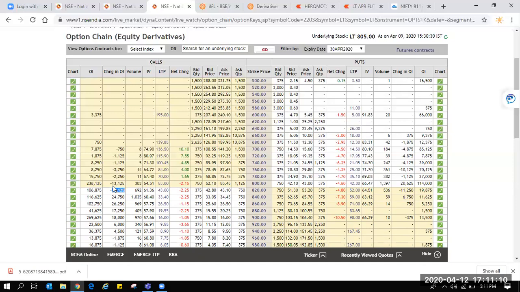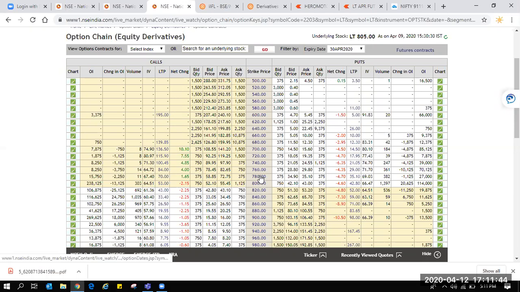And adding to the same thing, if we see a fall, addition of position at the 800 level, for example 10% of OI has been added at 800 call, and 10% of the OI has been unwound at the 800 put, then the stock will fall definitely. This confirms that it will not sustain above 800 also. So this is how it goes.